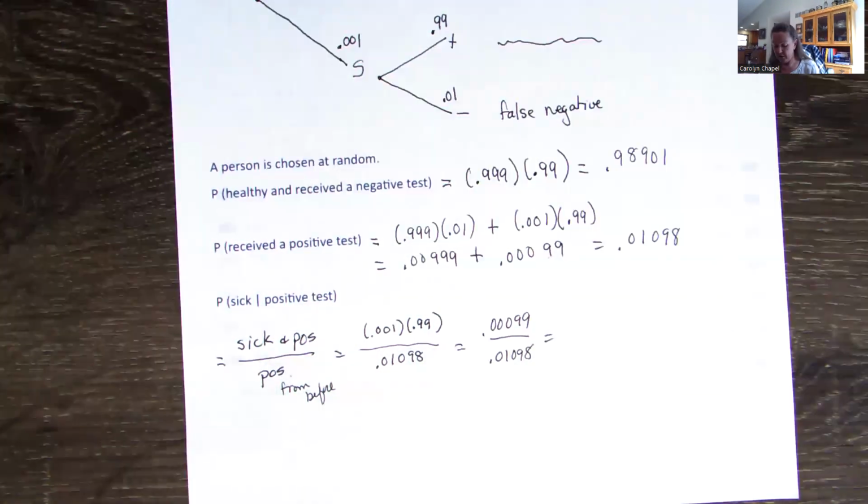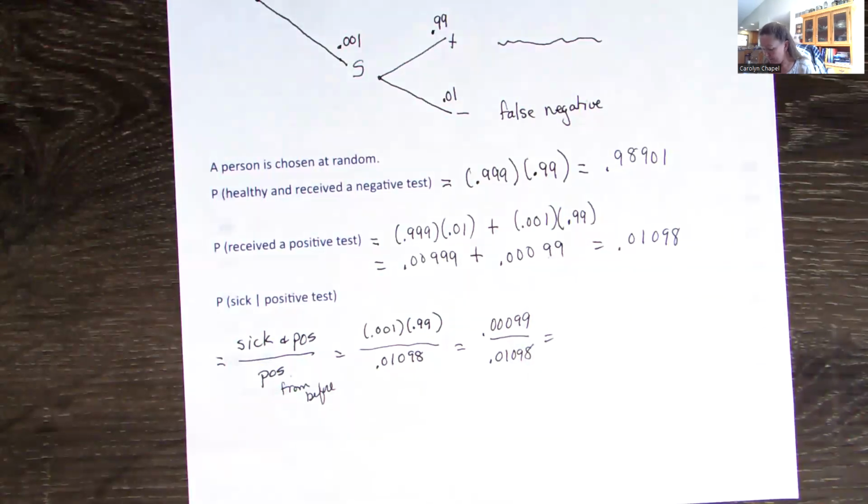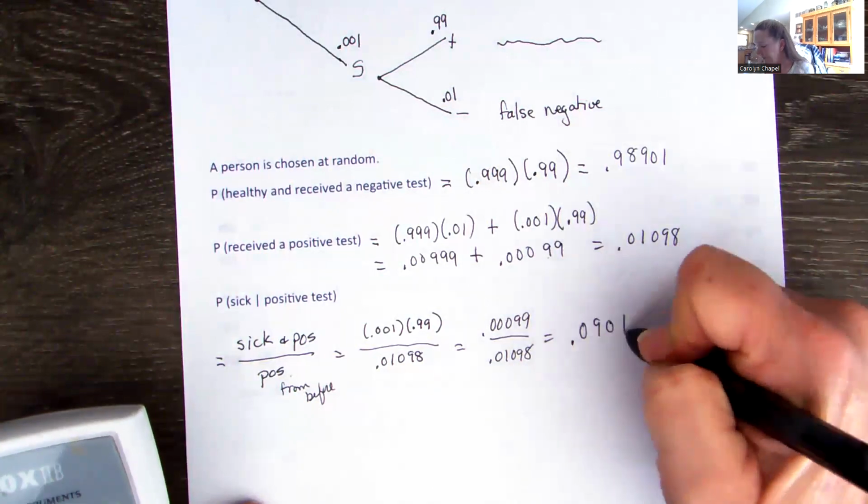And that's that calculation here. Where'd that come from? That 0.00099. Okay. 0.00099 divided by 0.01098 is 0.0901.